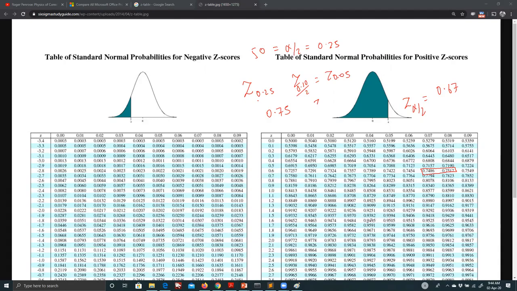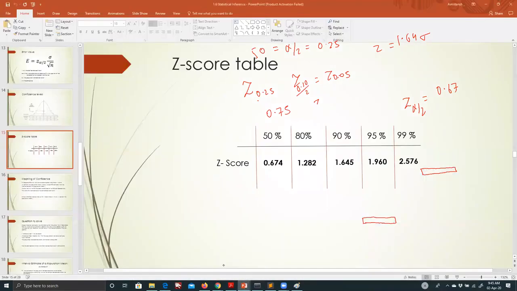Let's look. So 1.64, it is 1.645 or something, but it's all right. Is it correct or wrong? Yep, 1.645 for 90% two-tailed, it is correct.